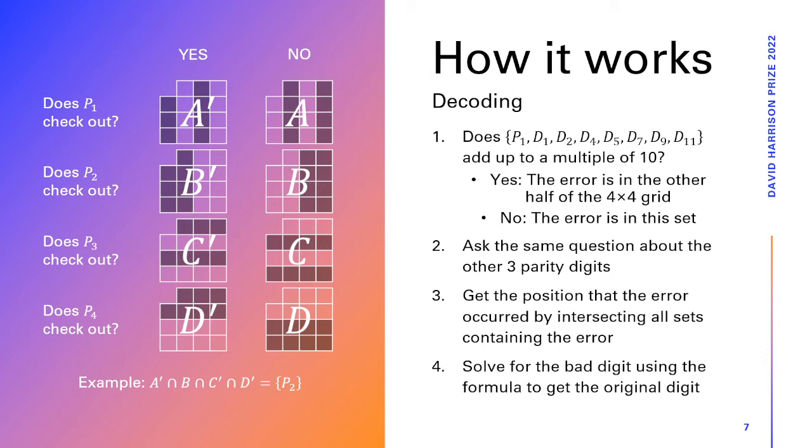Does P1, D1, D2, D4, D5, D7, D9, D11 add up to a multiple of 10? And what we're talking about here is those 2 columns that you're seeing. So if they do add up to a multiple of 10, that essentially means that the first parity bit, P1, does check out, and that means the error must be in the other half of the grid.